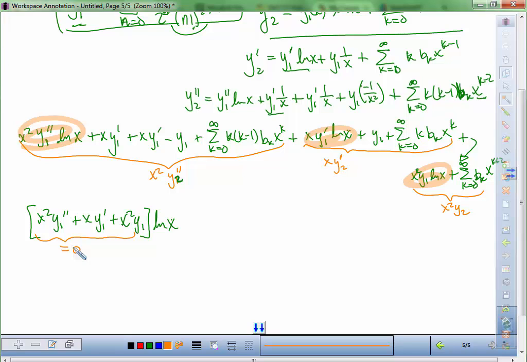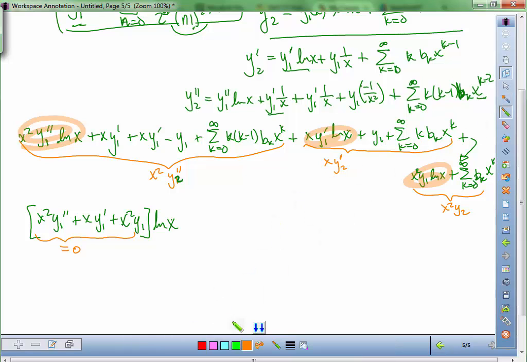Now, let's see more things disappear. A positive and a negative. Anything else disappear?